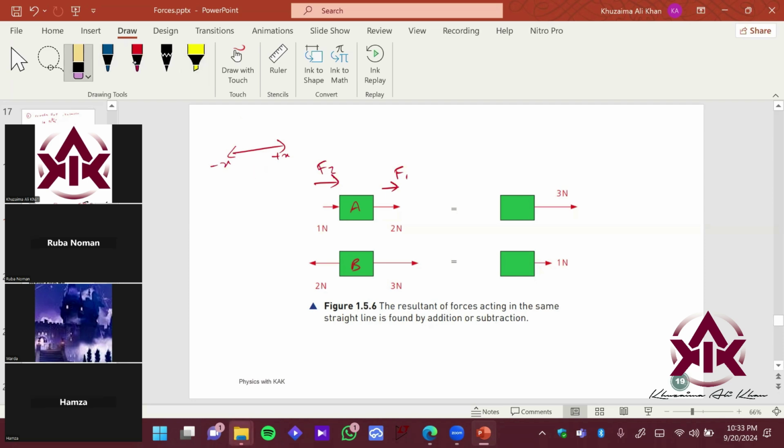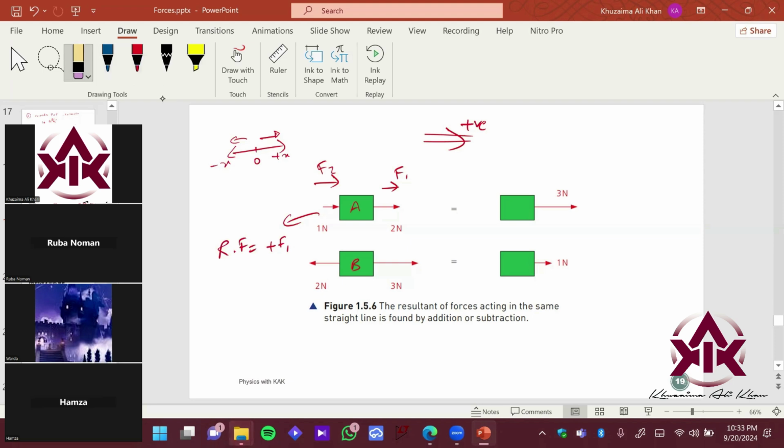Let's say this is the center point O. On the right, we have the positive direction. On the left, we have the negative direction. I'm going to take this direction as positive. If I want to find the resultant force in this case, that is going to be the positive force F1 and the negative force. Oh, sorry.